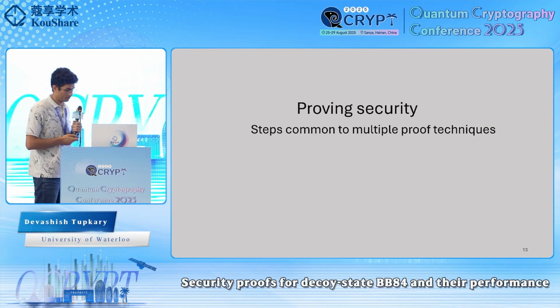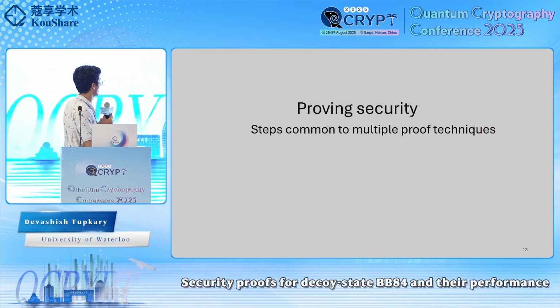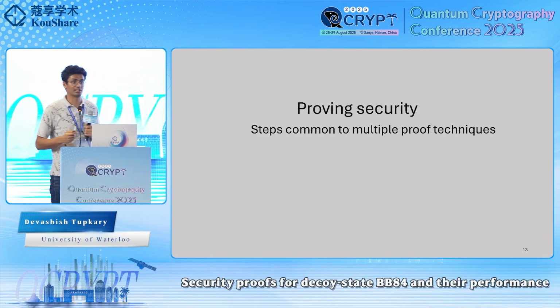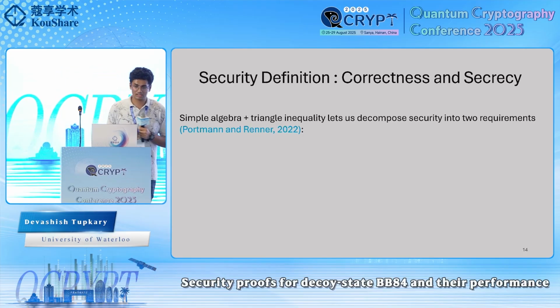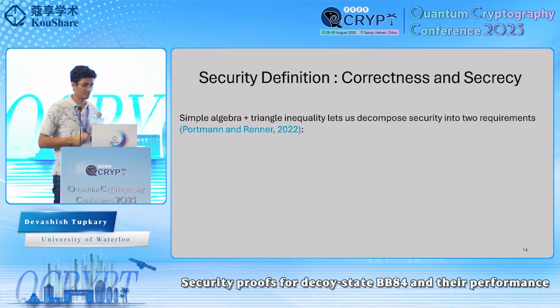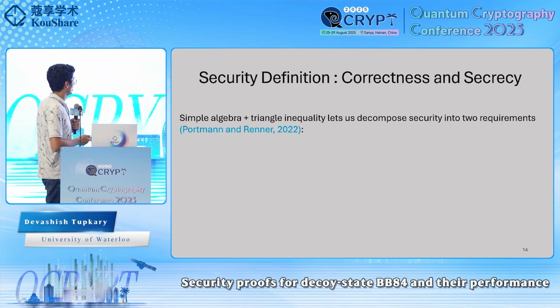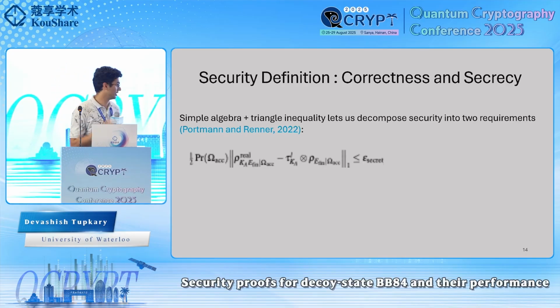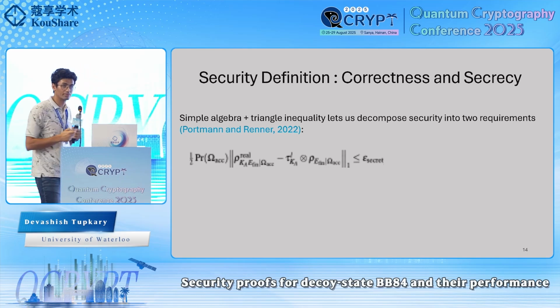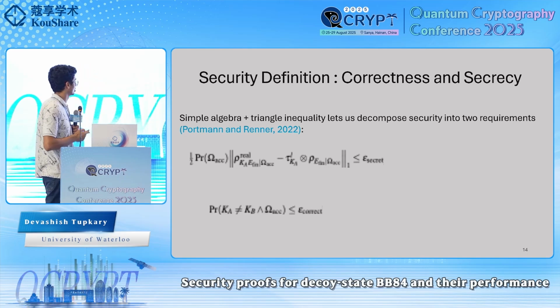All right, so now we can start doing some security proofs, and we're going to cover some steps that are common across all the proof techniques that we talk about. Some fairly simple algebra and the triangle inequality lets us decompose security into two requirements. We have secrecy, where it basically looks like the security definition, but we trace out Bob. So we want Alice's key to be secret, close to ideal.